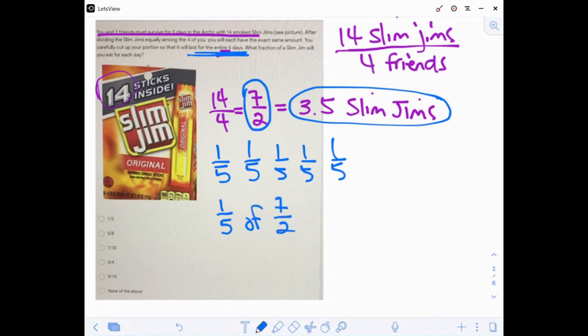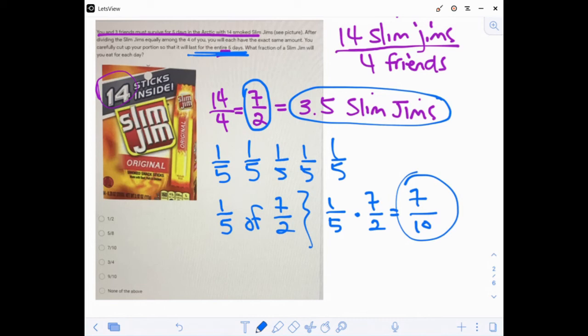Remember, we can rewrite this as multiplication. 1/5 times 7 halves. That equals, we multiply across, 1 times 7 is 7, 5 times 2 is 10. So that means every day of my 5 days, I get 7/10 of a Slim Jim.